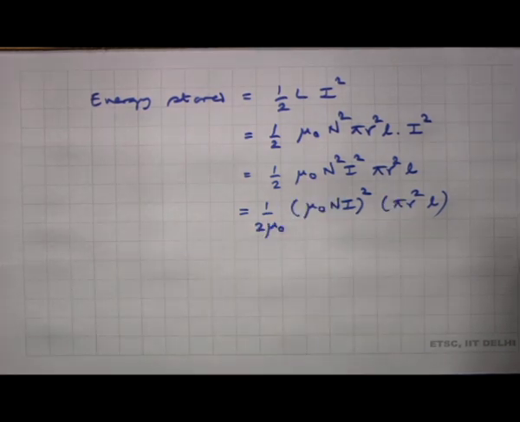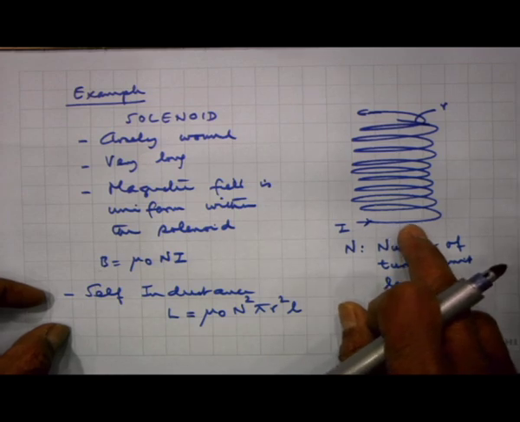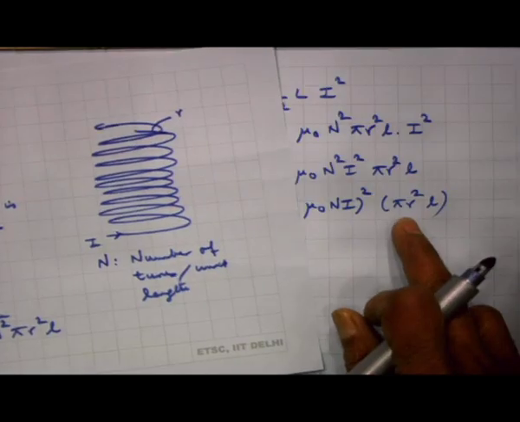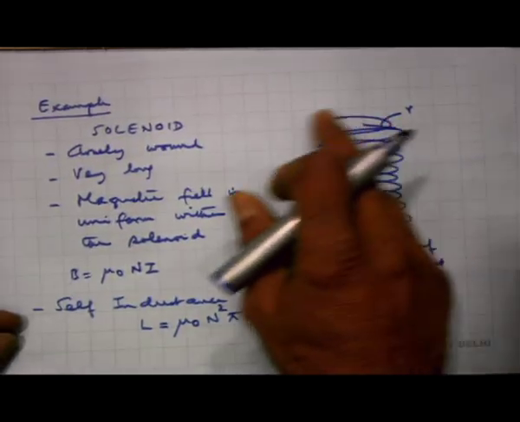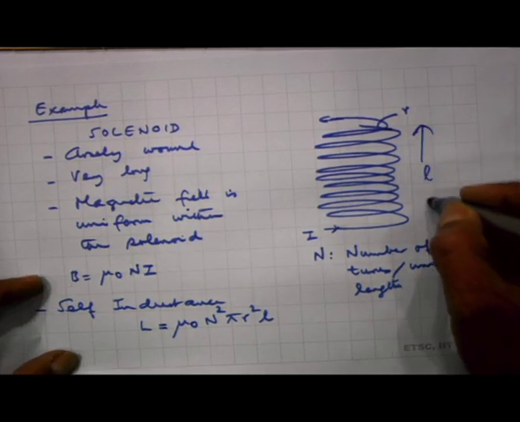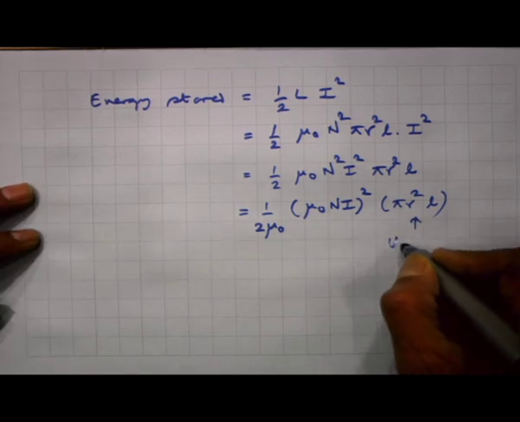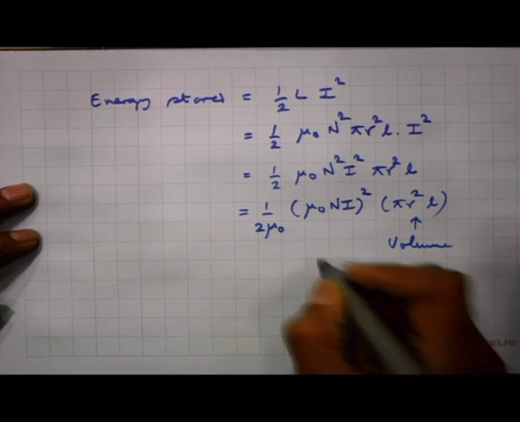Now, what is mu naught n I? I just now saw mu naught n I is nothing but the magnetic field within the solenoid. And what is pi r square L? Pi r square is the area of the solenoid multiplied by the length of the solenoid, which is the volume of the solenoid. So, this is the volume, and this is the magnetic field.